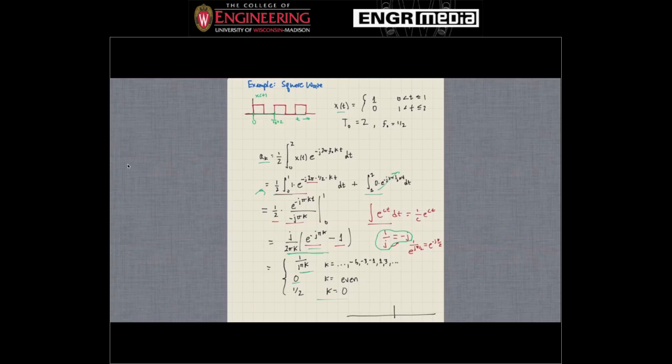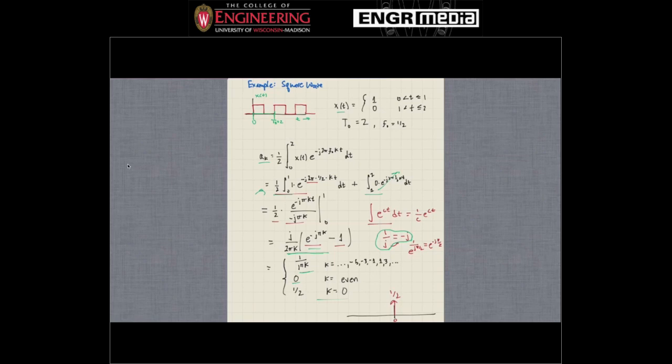So at frequency 0, we'd have a component with amplitude 1/2. And when k is even, we actually have amplitude 0, so we only really need to plot the odd values of k.